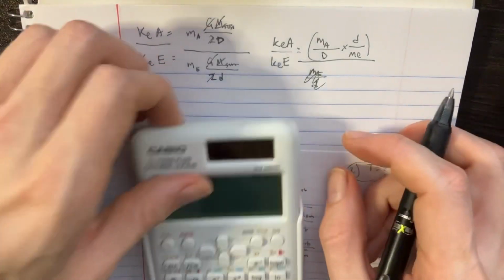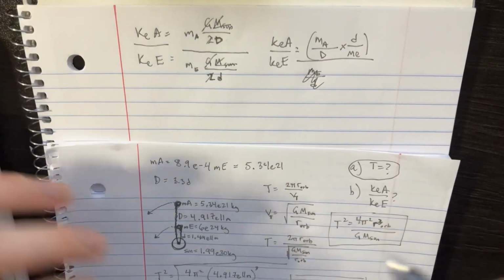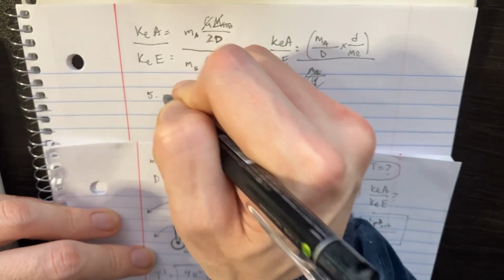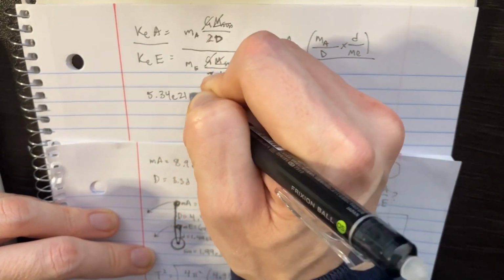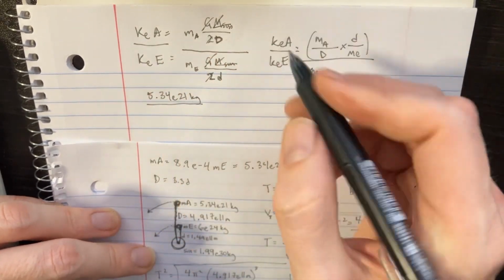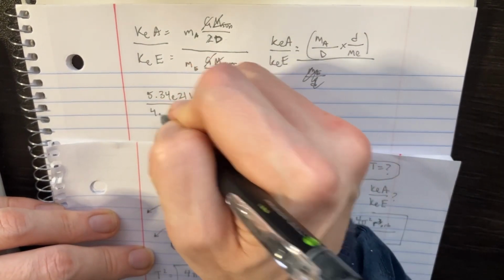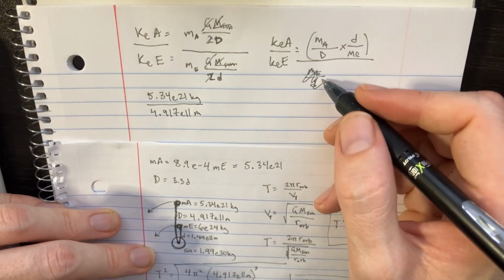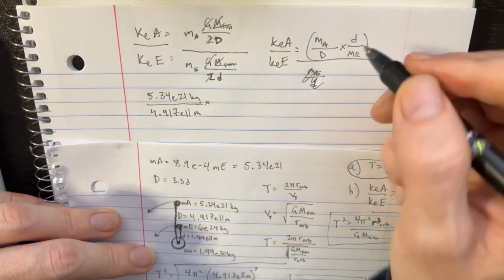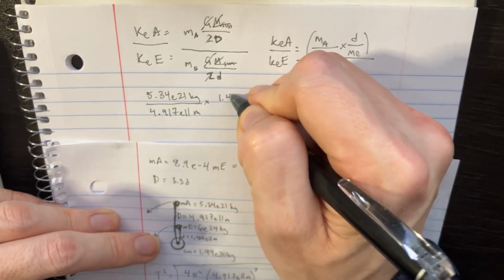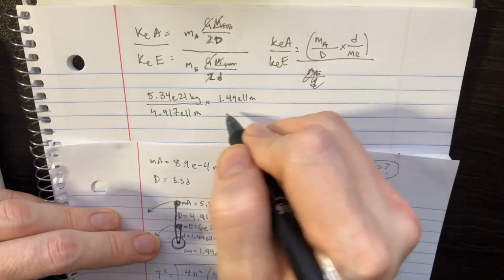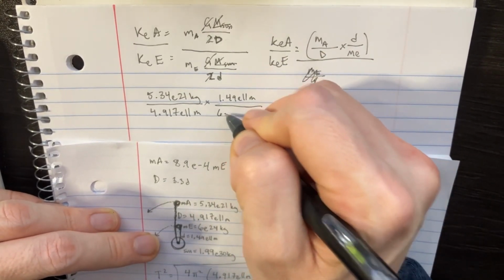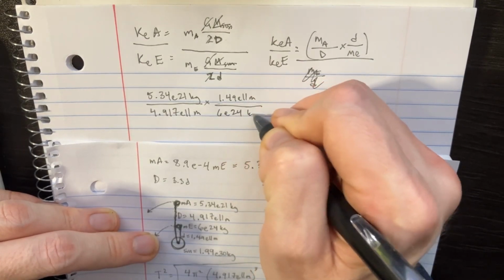So we've got the mass of the asteroid, 5.34 e to the 21 kg, divided by 4.917 e to the 11, times d, which is 1.49 e to the 11, and then this is over 6 e to the 24 kg.